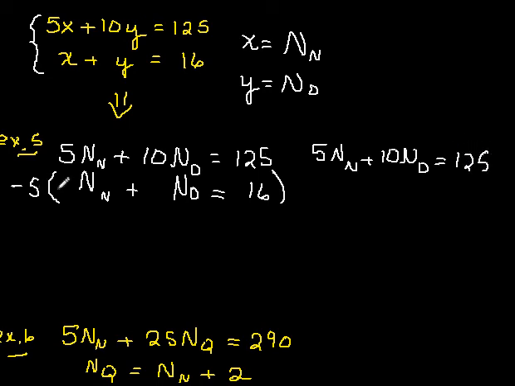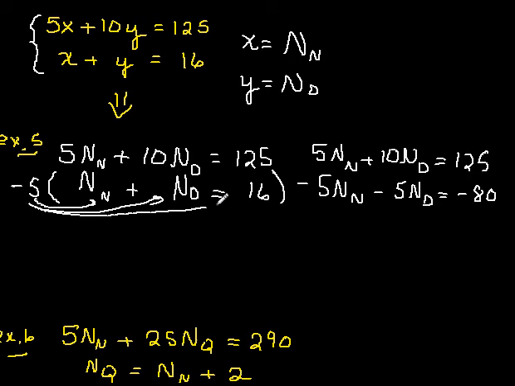The bottom one we're going to multiply by negative 5. As long as you multiply every term in an equation, it doesn't change the equation. It's totally legal. So we're going to get minus 5 n sub n minus 5 n sub d equals minus 80. So we're just distributing this 5 across the board here.